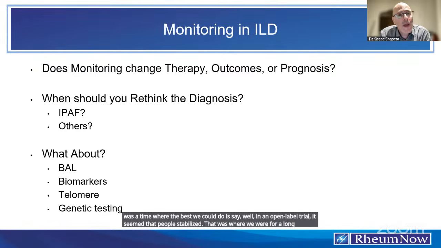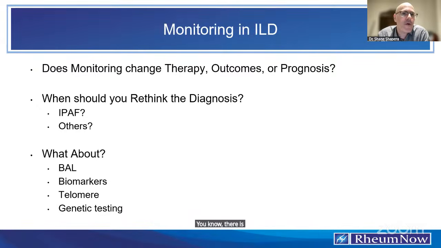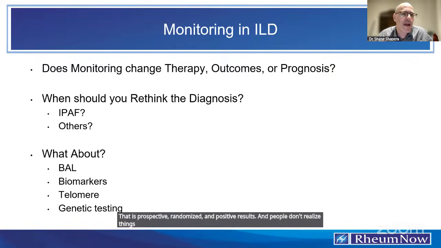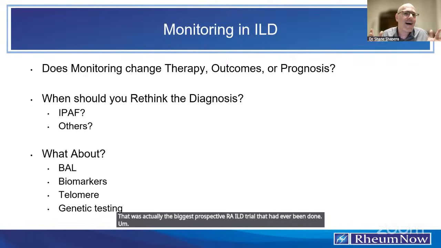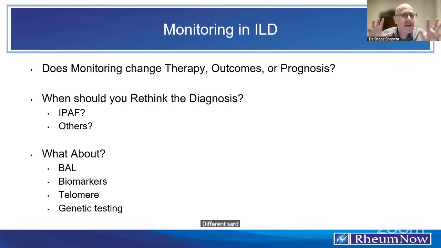But there is actual data coming out in SARD ILD that is prospective, randomized, and with positive results. And people don't realize things like the INBUILD trial of nintedanib. That was actually the biggest prospective RA-ILD trial that had ever been done. It had, I think, 160 RA-ILD patients, and it was a positive study. And different SARD ILDs didn't differ in their outcomes.